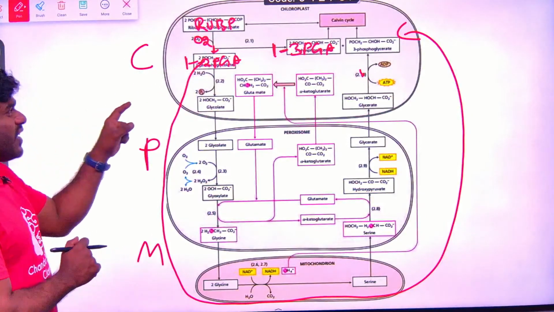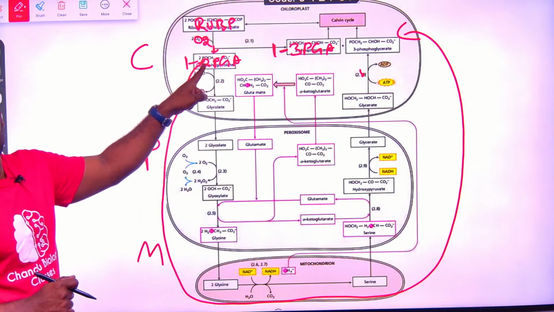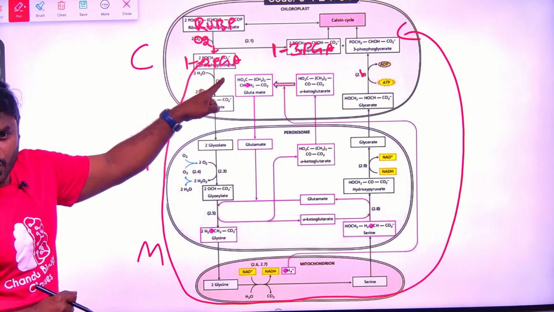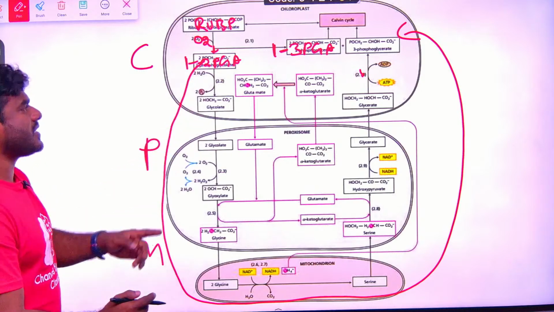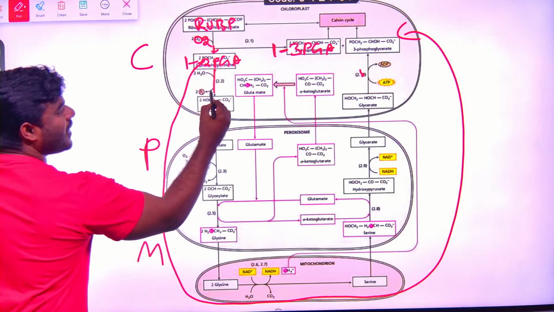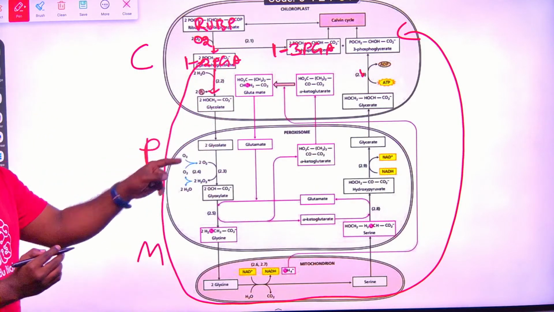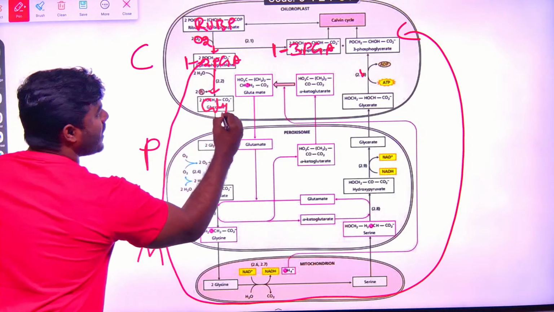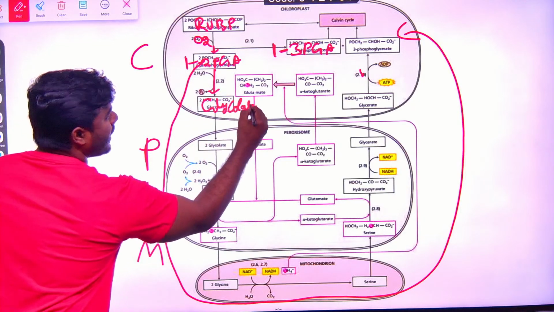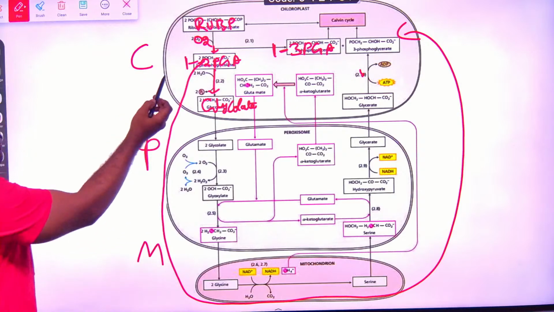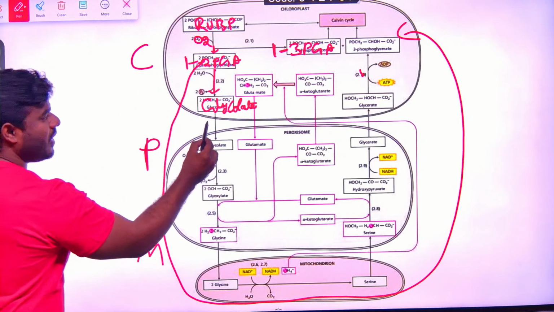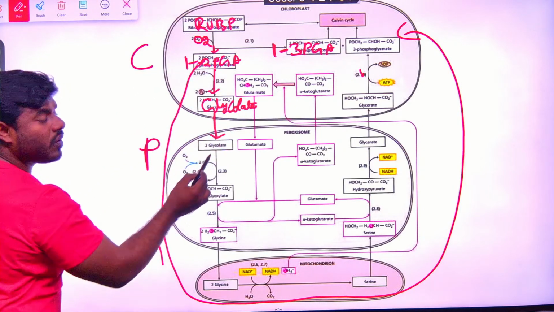How are we going to resolve this issue? Now understand. In the chloroplast, listen everyone, 2-phosphoglycolate is converted into glycolate. Got it? Now glycolate enters from the chloroplast into the peroxisome.